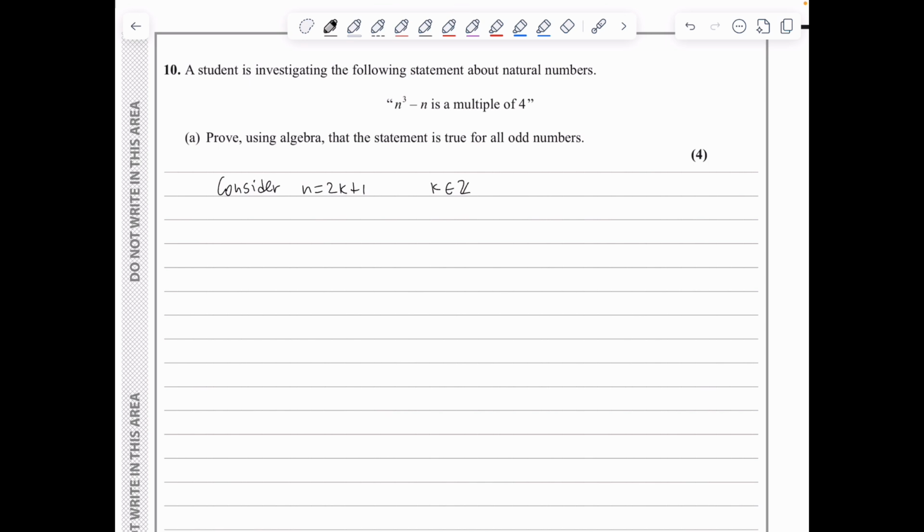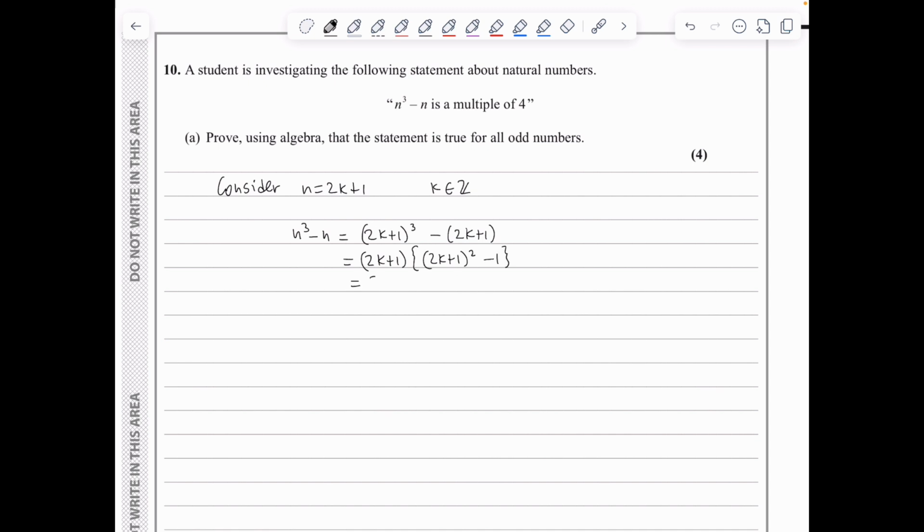And then we've got n cubed minus n, which is 2k plus 1 raised to the power of 3 minus the 2k plus 1. Now, instead of expanding the bracket raised to the power of 3, I notice that 2k plus 1 is a common factor. So we're looking at 2k plus 1 times the 2k plus 1 raised to the power of 2 minus 1.